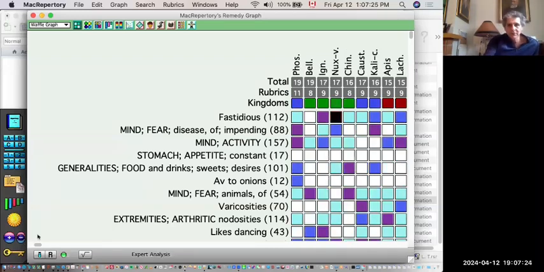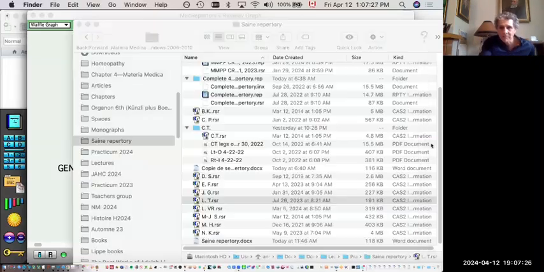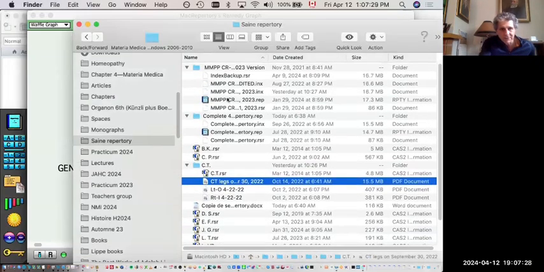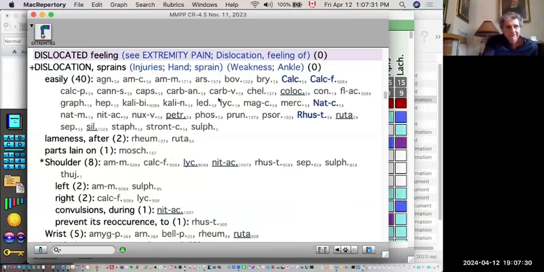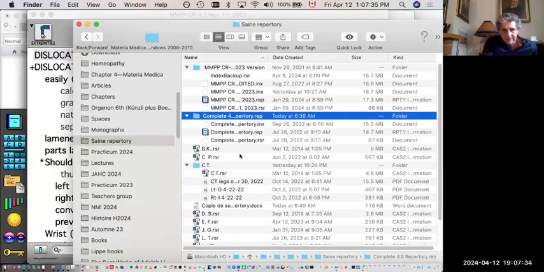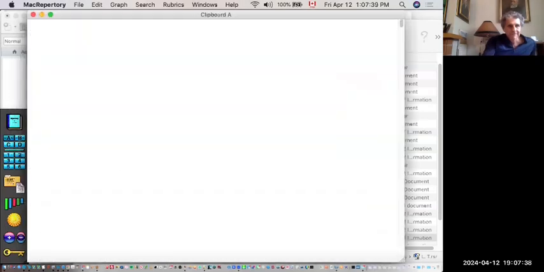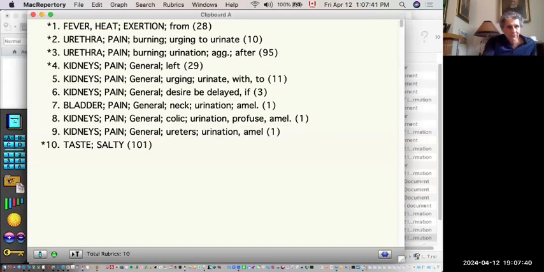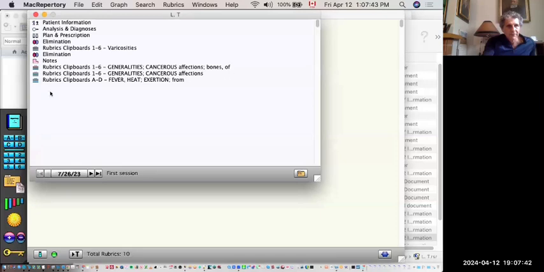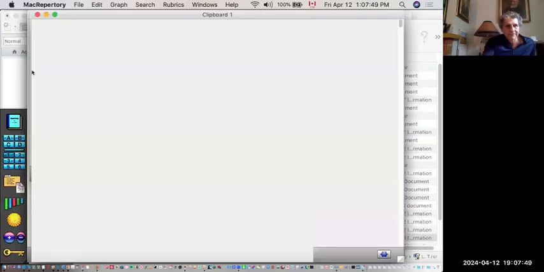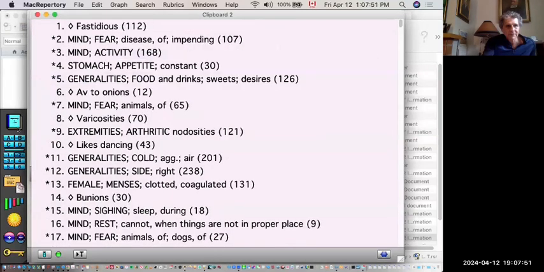Okay. So now if we look with the MMPP repertory, you'll see it's a completely different story. And then we're going to reopen our case. So this was LT. We did the case. This was a symptom.